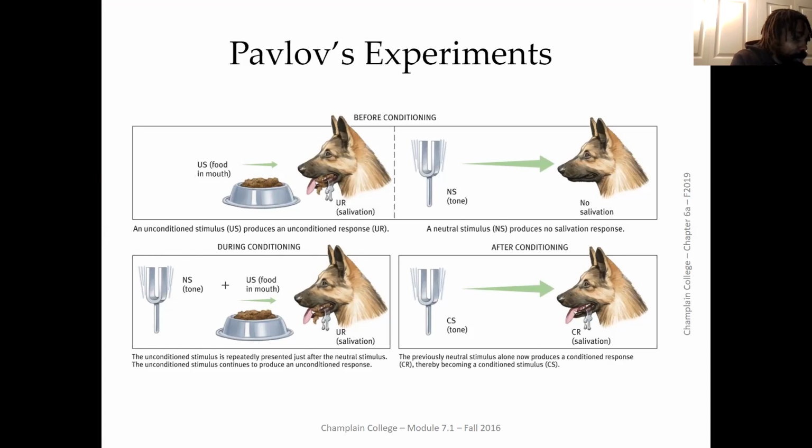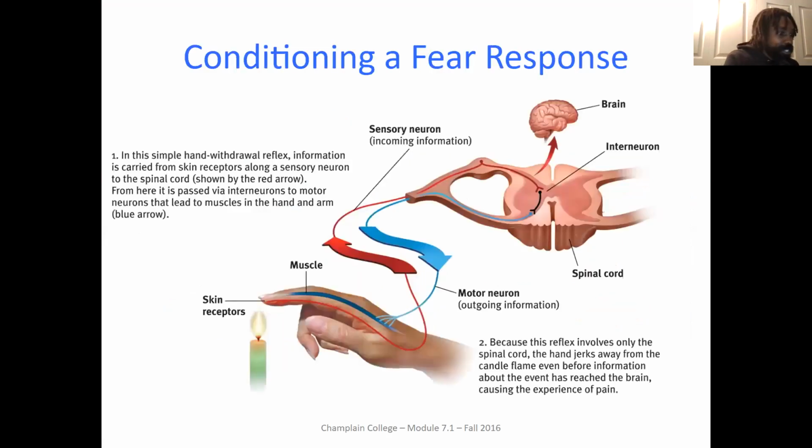So the conditioned response is when the dog salivates to the conditioned stimulus, or the bell specifically. And of course, there's a YouTube video at the bottom of that slide that allows you to bring it all home together.